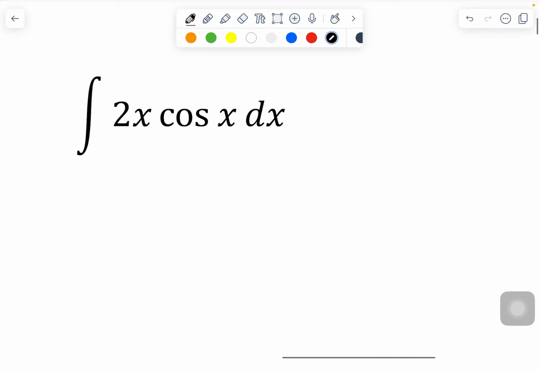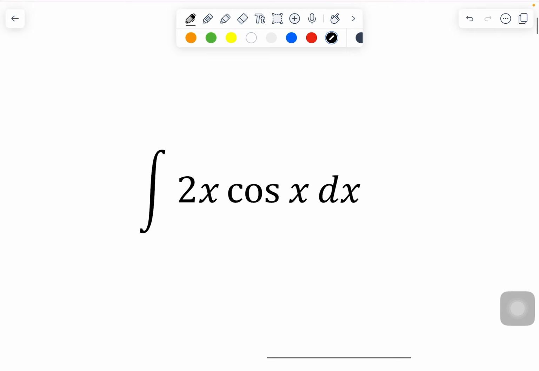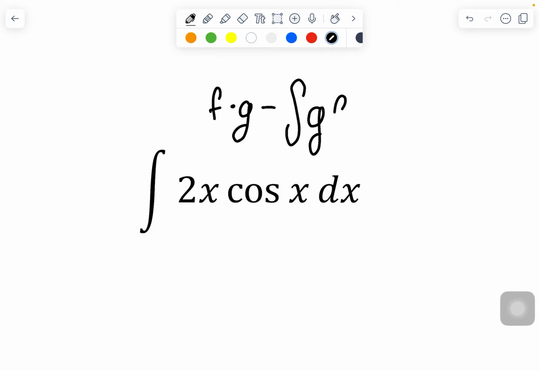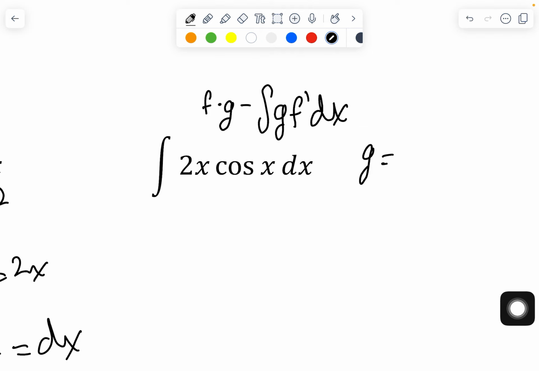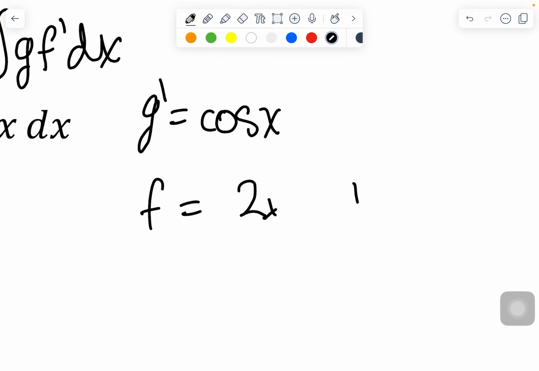Over here we can see that we have two different functions, so now we can finally use our by parts. So it's f times g minus the integral of g f prime, and we can set g prime equal to cosine x, because remember this is technically f times g prime, where f is equal to 2x. So that means f prime equals 2 and g equals sine x.